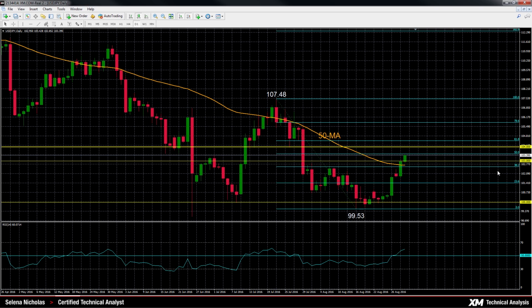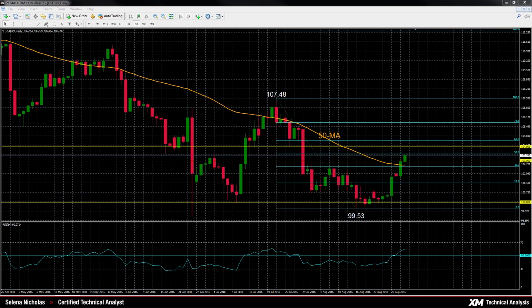So dollar yen is expected to continue its upside momentum. If we look at momentum, the RSI, it's above 50 and it's still rising. So the outlook does remain bullish from here.